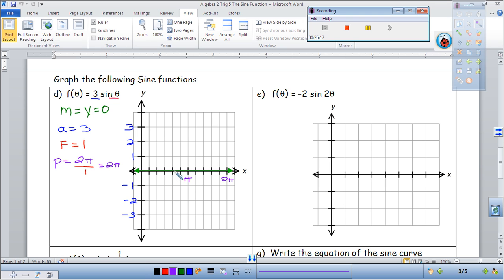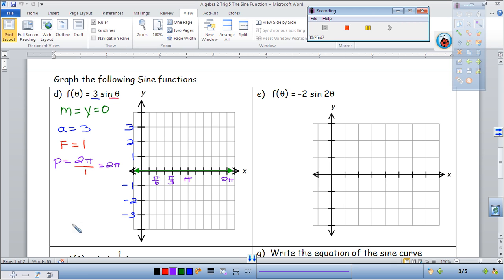And we have 1, 2, 3, 4, 5. We don't really need that many. So we'll count here. 2 pi over 6 and pi over 3.